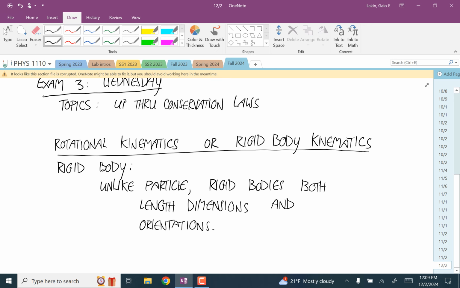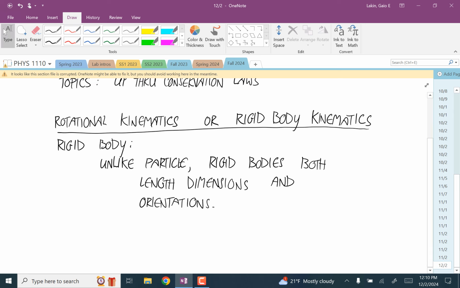But if we're treating this like a rigid body, since now we are taking into account that it's this long and this high, we can talk about what's happening as it does this. So that's all going to be new. And there's going to be a lot of similarity. You're going to see a lot of the old equations that we used in circular motion.